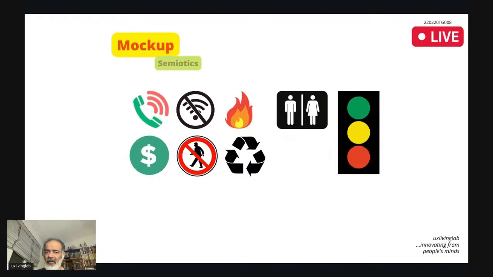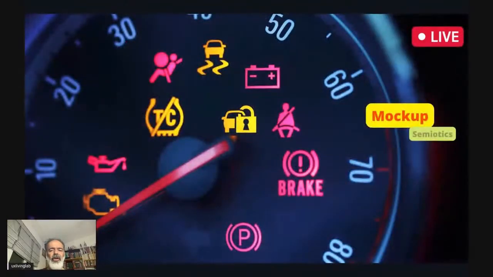And most of the time we are interacting with the signs, especially in this digital age. You can look into the screens in front of you, especially when you are driving. You can't understand without these signs. Look into the different signs a car dashboard is showing.